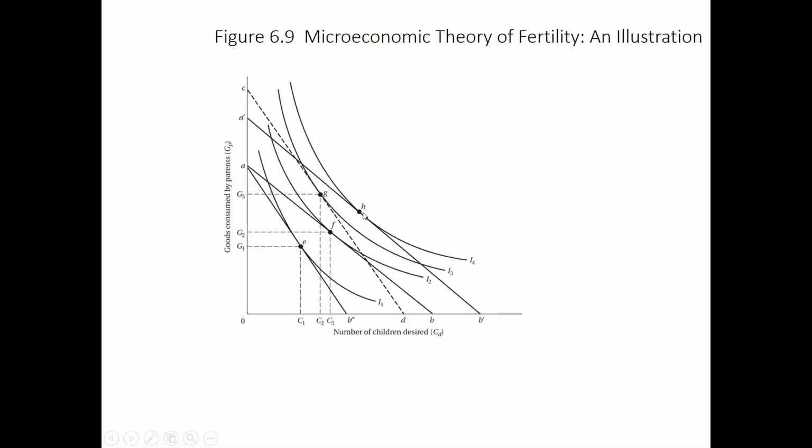That would also increase the relative price. So at the same time, the budget constraint is moving up, and it's also getting steeper. And so you can end up at a point like G, where you actually choose to have fewer children.